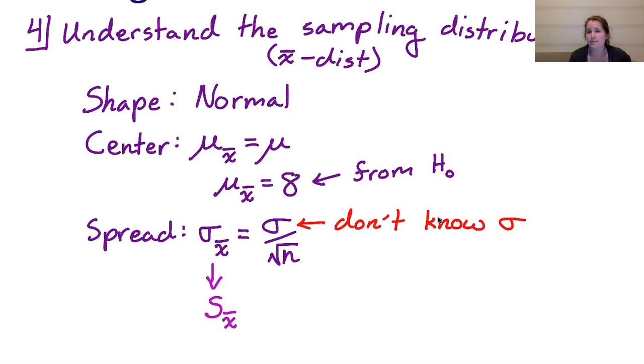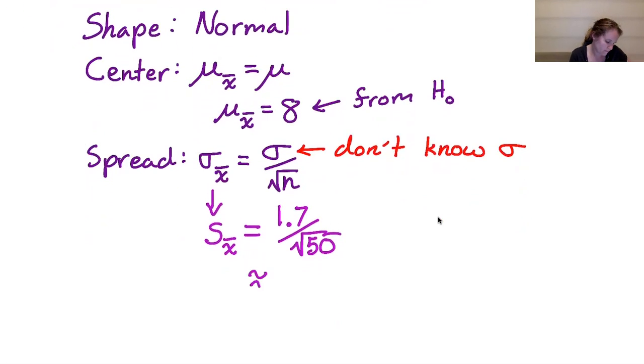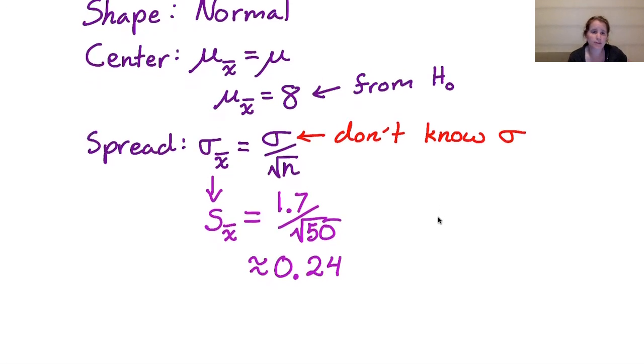I just like to use this to keep track of the fact we are using S. So we should be working with the t distribution. So S sub x bar was equal to 1.7 divided by the square root of 50. And if we do that calculation, we wind up with about 0.24. So this is our standard error, or the standard deviation of the sampling distribution.